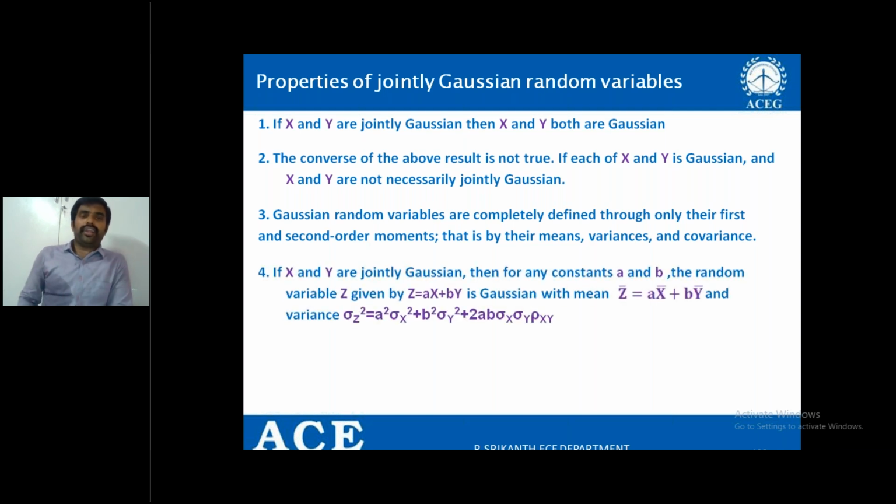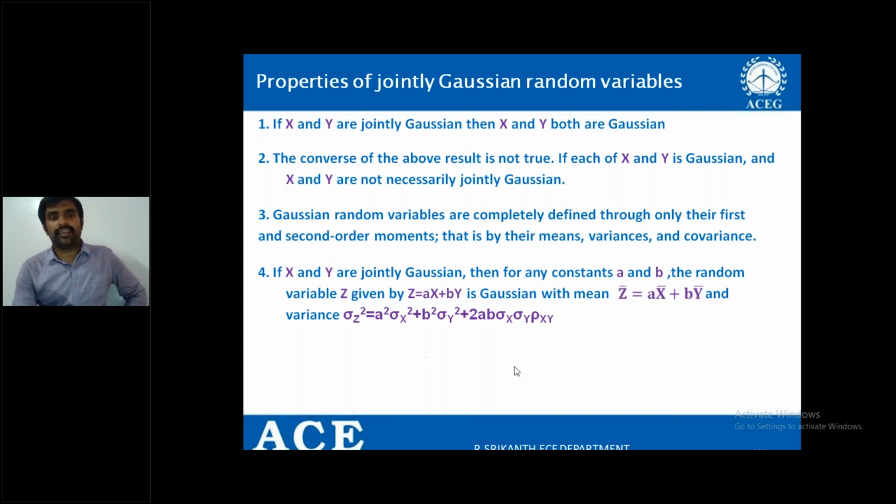If x and y are jointly Gaussian, then for any constants a and b, the random variable z given by z equal to ax plus by is Gaussian, with the mean z bar equal to a x bar plus b y bar and the variance equal to a square sigma x square plus b square sigma y square plus 2ab sigma x sigma y rho xy.